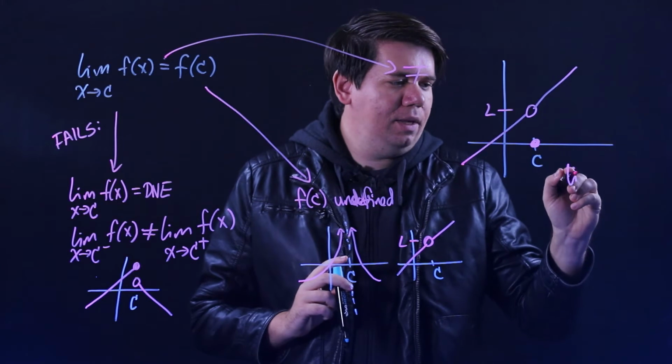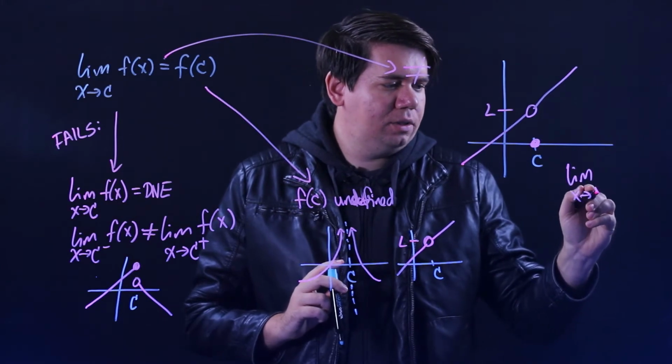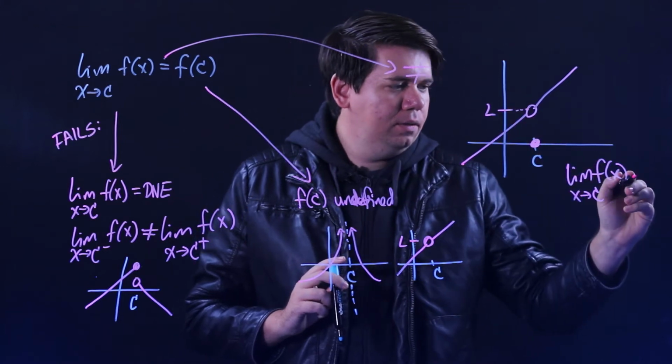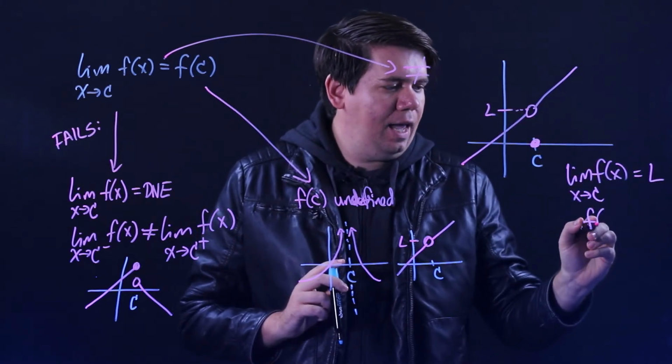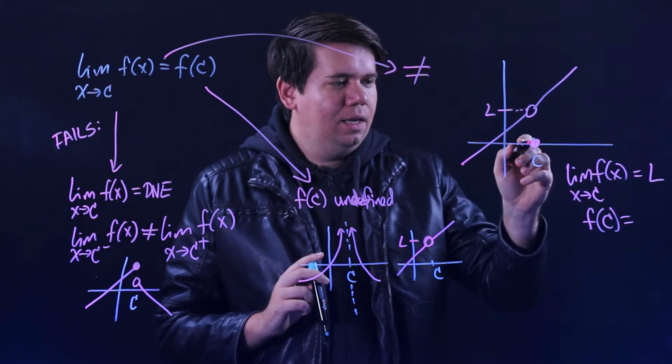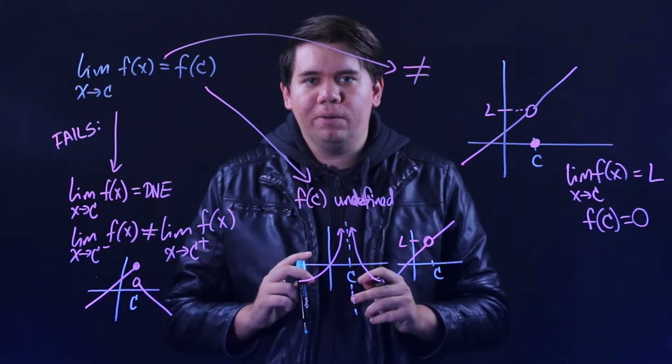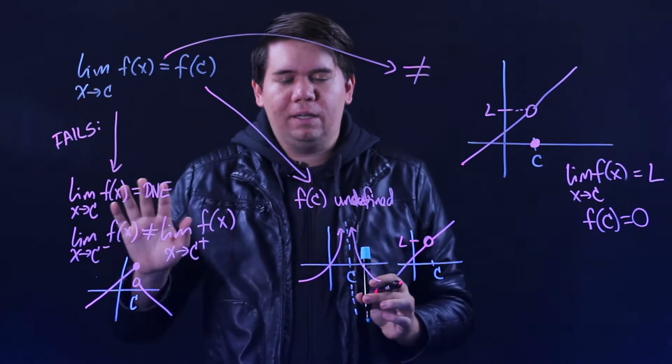Then your limit as x approaches c of f of x is defined. It's equal to this value L. But f at c is defined to be something else. Here it's defined to be 0. It's something other than L. So those are three ways it can fail.